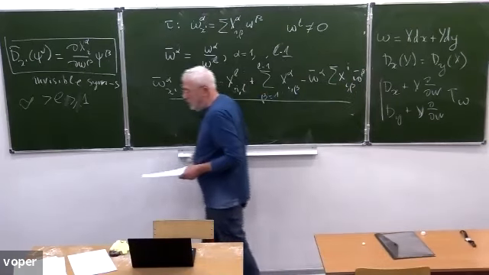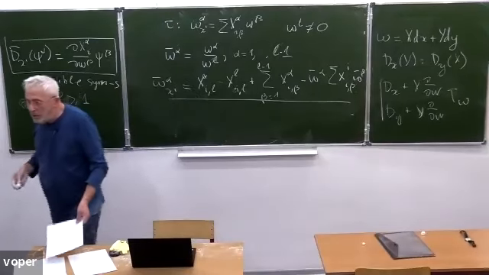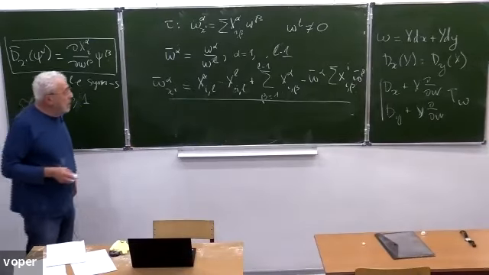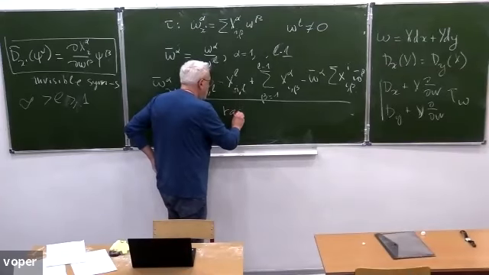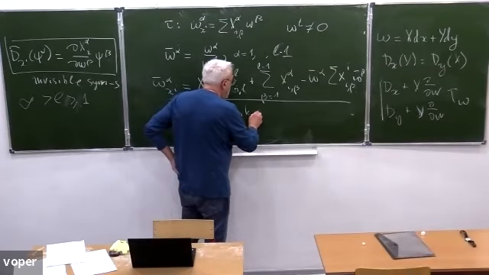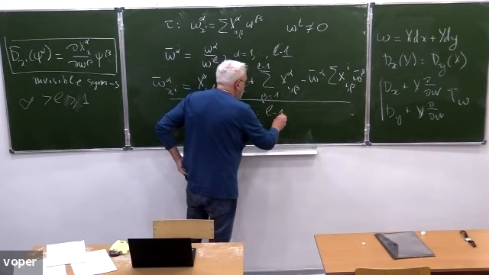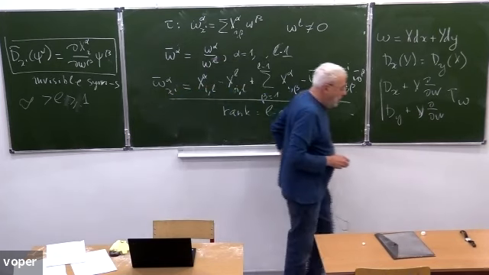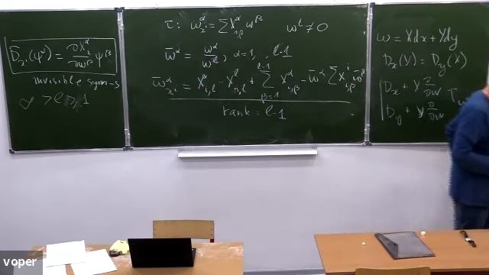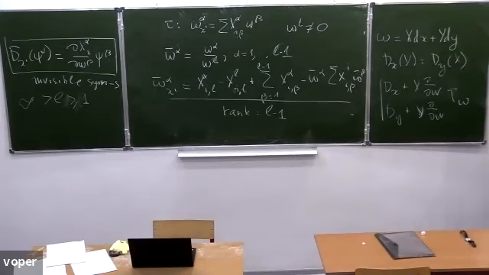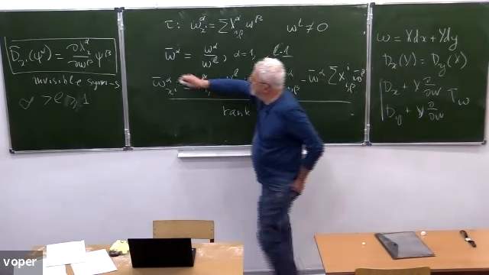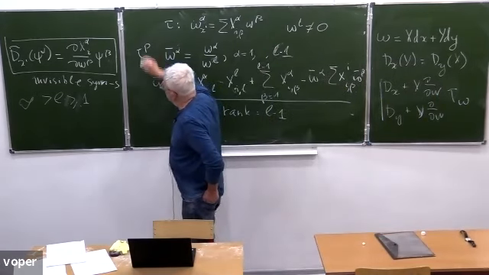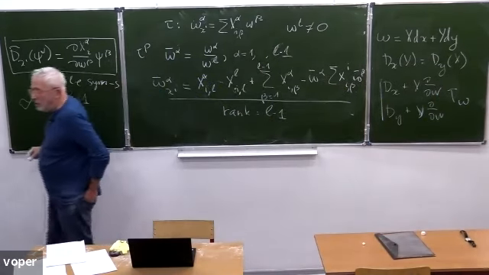So this is the condition for our new covering, which is nonlinear, whose rank is, and it is almost obvious that if the initial covering was irreducible, then this covering is irreducible as well.